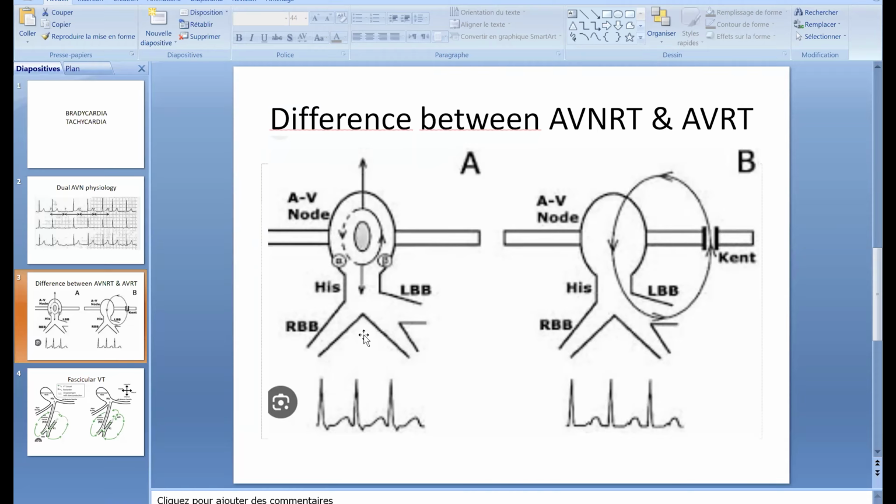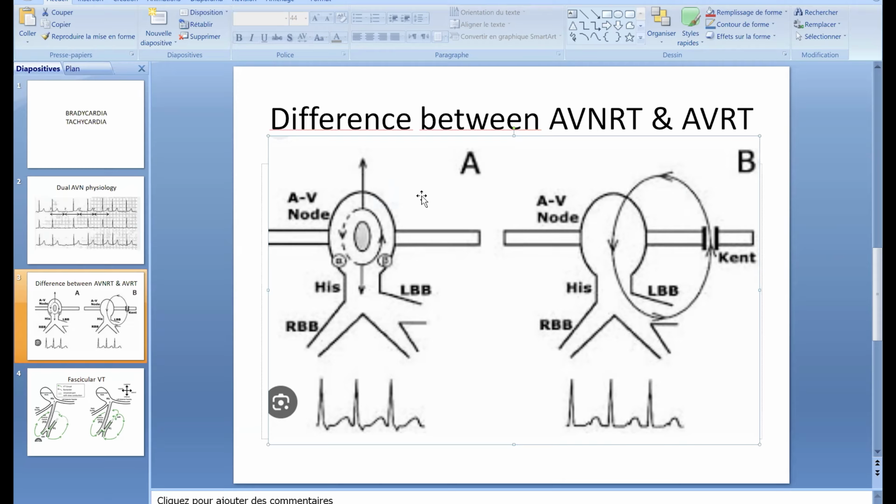Here in this slide, on our left we have the AVNRT. The mechanism of the AVNRT is that the tachycardia goes down to the ventricle by the slow pathway and up to the atrium by the fast pathway. So the distance between the ventricle and the atrium is the RP interval. It's very narrow.